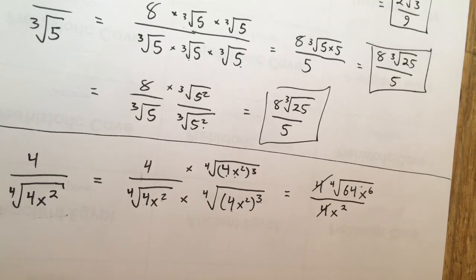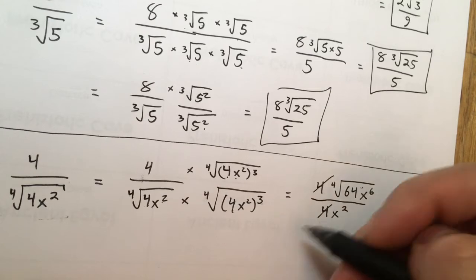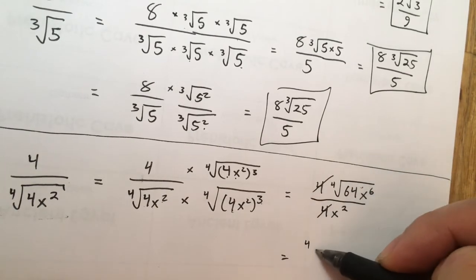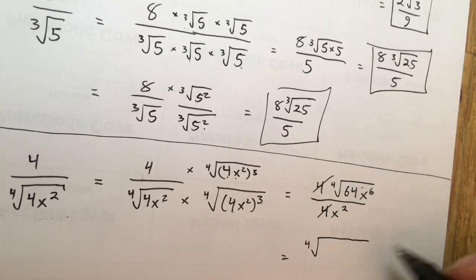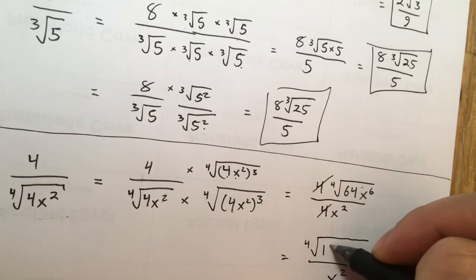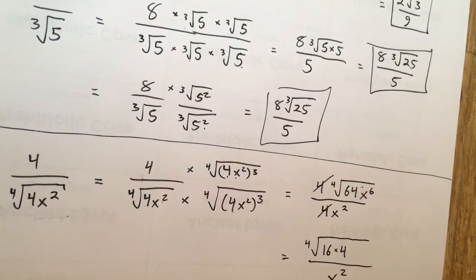I can take the 4th root of 16 and get an integer. So I want to factor out 16. All right? So I got rid of the 4s, so I'm just going to rewrite this as this in the numerator and x squared in the denominator. I said that I can factor out a 16. 64 is 16 times 4.